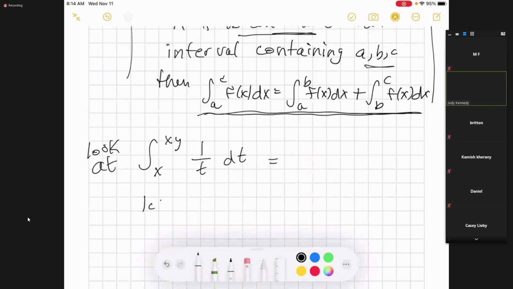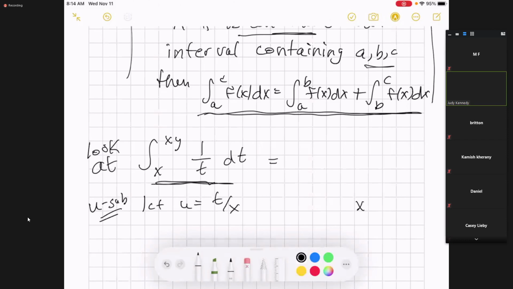I'm going to let u equal t over x. Now, let's think about some things. This is a definite integral. What does t represent?